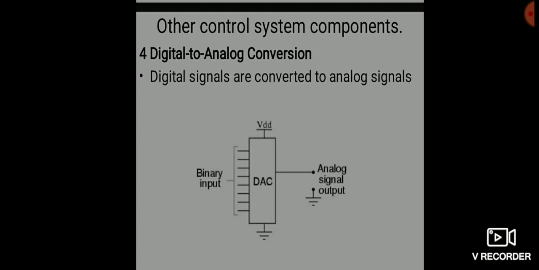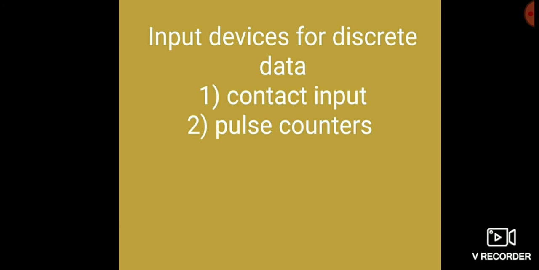Now, input or output devices for discrete data. Discrete data can be produced by a computer without needing the kind of conversion procedures required for continuous analog signals. As indicated earlier, discrete data is divided into three categories: binary data, discrete data other than binary, and pulse data.